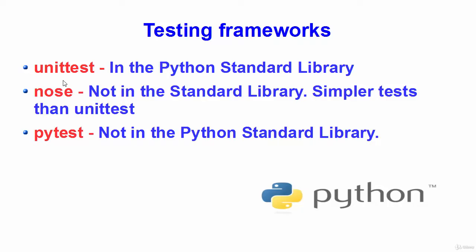The next is the nose module, which is not in the standard library, but it's simpler to use than the unittest framework. And lastly, you can use the pytest framework, which is not in the Python standard library, but it's one of the most popular unit testing frameworks for Python. So we are going to use pytest for the unit testing of our Python code.